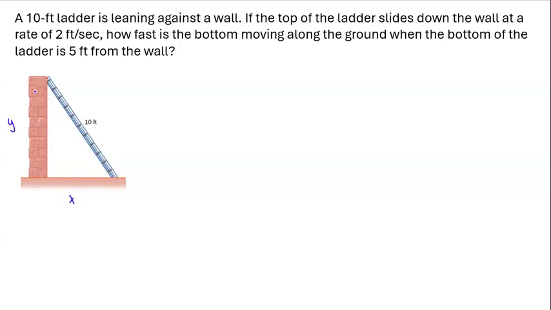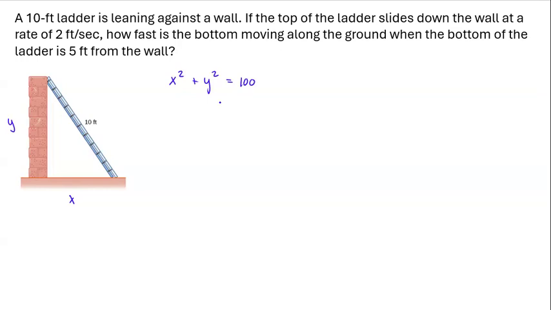And then, depending upon your diagram, you can use that diagram to help you create an equation to model the situation. So you'll recognize that we have a right triangle here. We can use the Pythagorean theorem and create the equation x squared plus y squared equals 10 squared, which is 100.